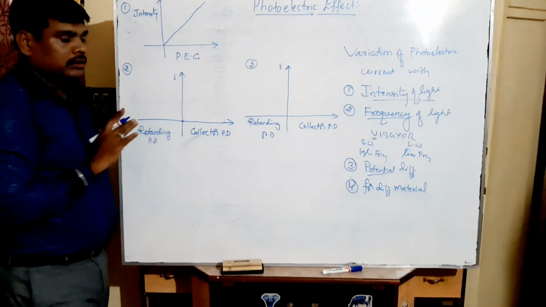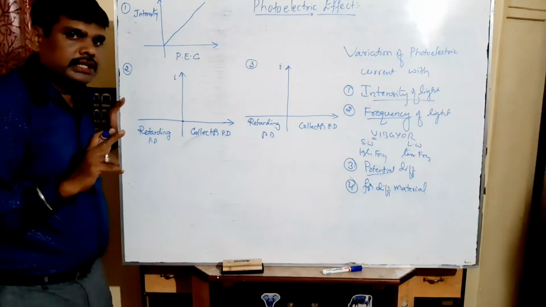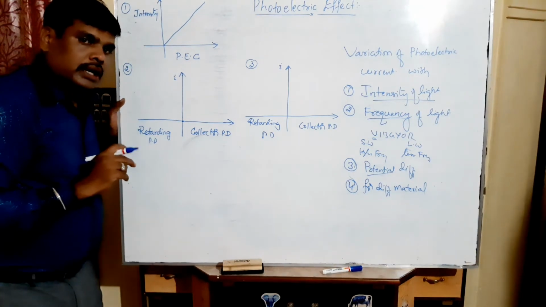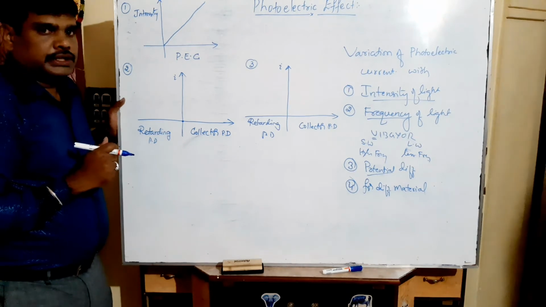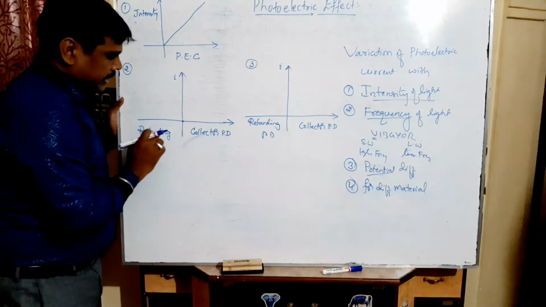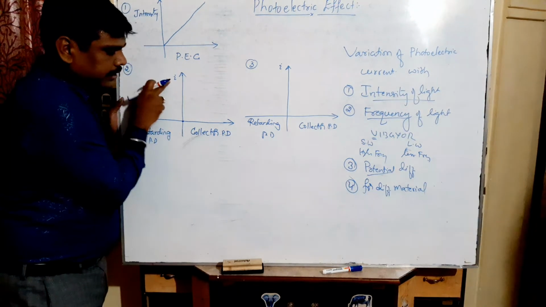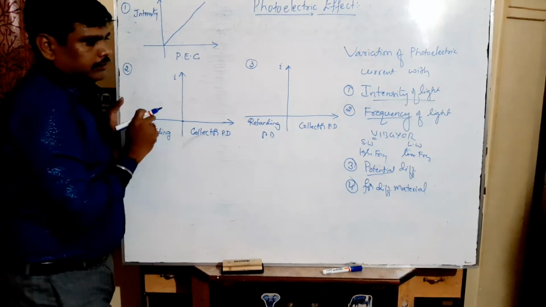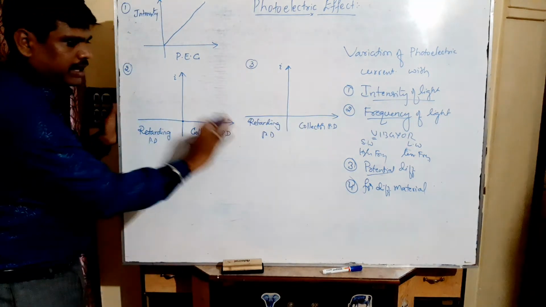Before that, to understand the photoelectric effect, there should be two definitions: one is work function, another one is threshold frequency. Here, to understand the variation between the photoelectric current and the potential difference, two parameters we have to consider.